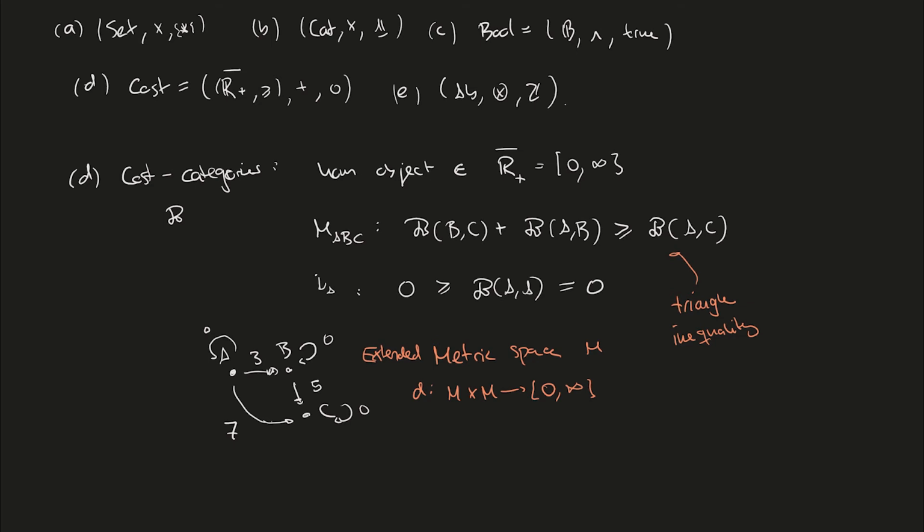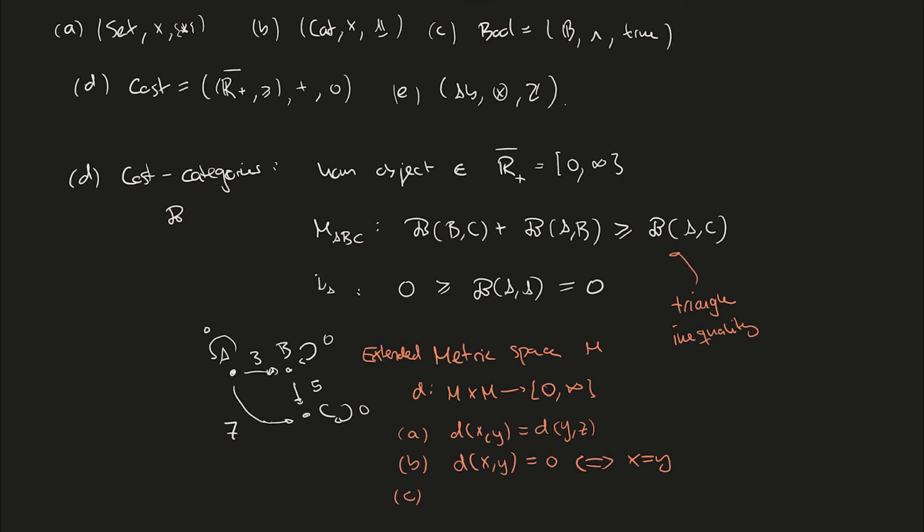So the first axiom that an extended metric space needs to satisfy is that the distance is symmetric. Second, we need that the distance between points is 0 if and only if the points are the same point.